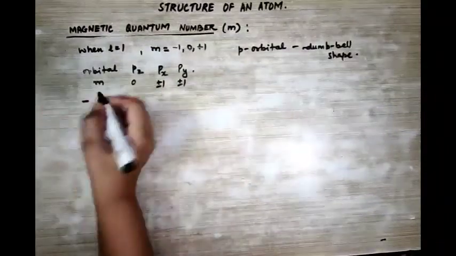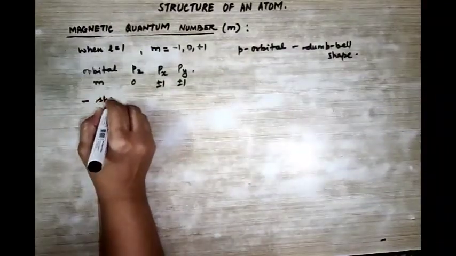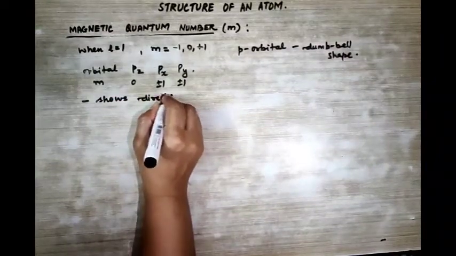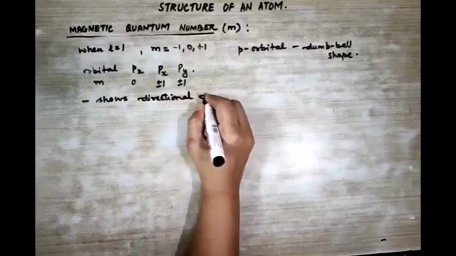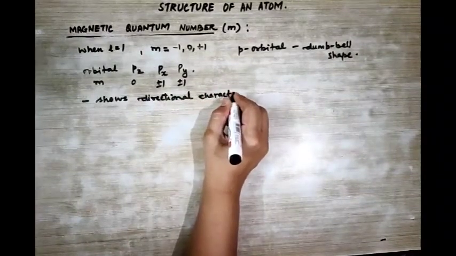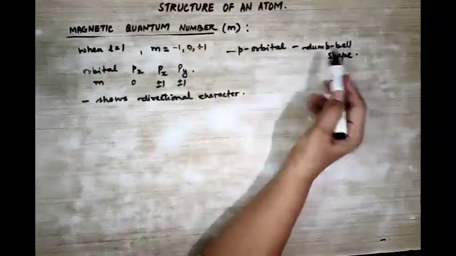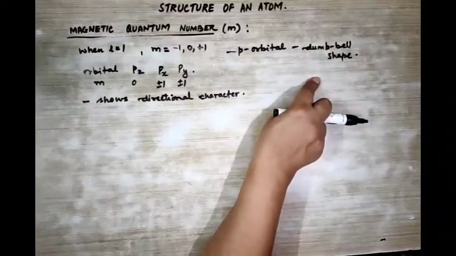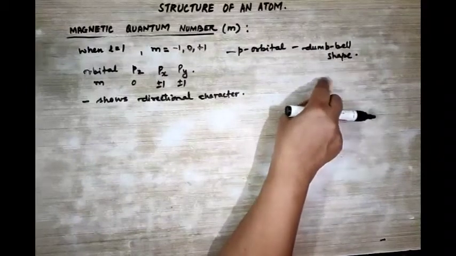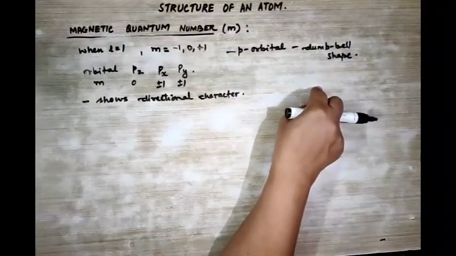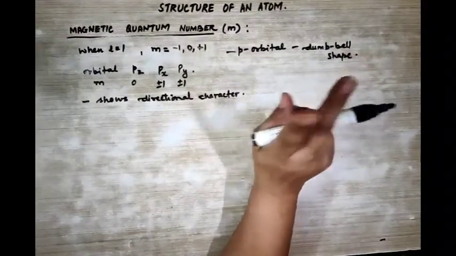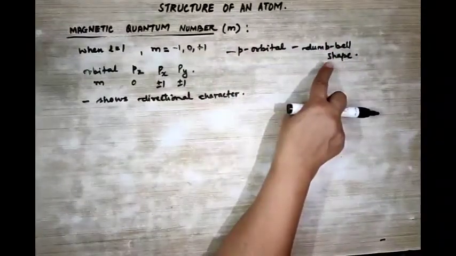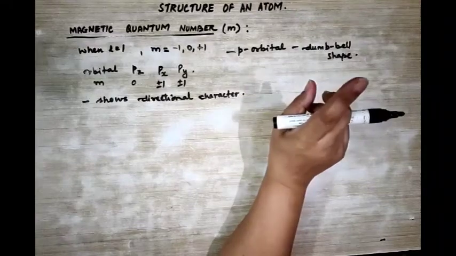So the first point is that it shows directional character. Second point, I have already told you that it has a dumbbell shape. Why do we get this dumbbell shape? Because the probability of finding the p electrons is maximum where? In the two lobes on opposite sides of the nucleus. Thus it gives the dumbbell shape.